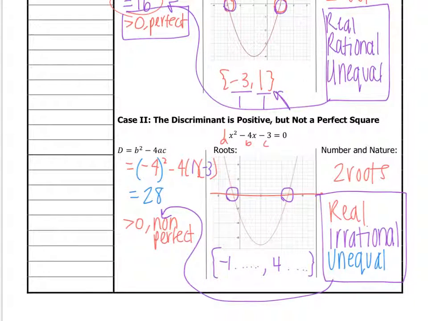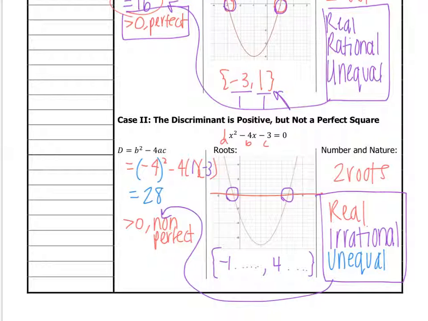If we have a number that's greater than 0, but non-perfect, then the roots are real, irrational, and unequal. So the only difference here is this middle word, irrational versus rational. And that's because we have either perfect or non-perfect. Perfect meaning rational, nice, pleasant. Non-perfect meaning irrational, not so nice.